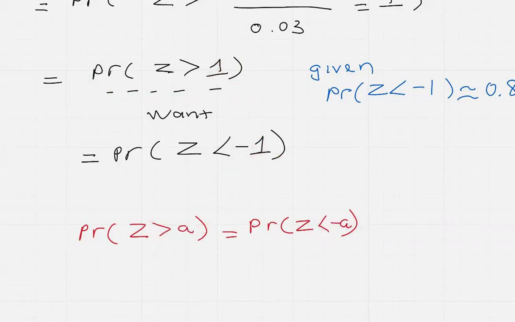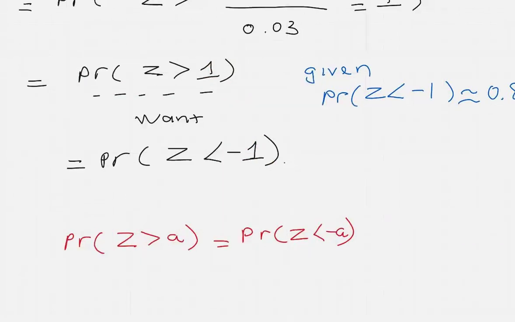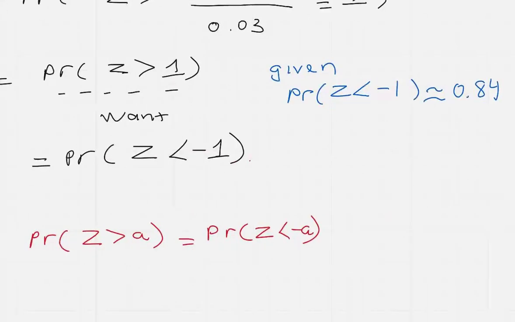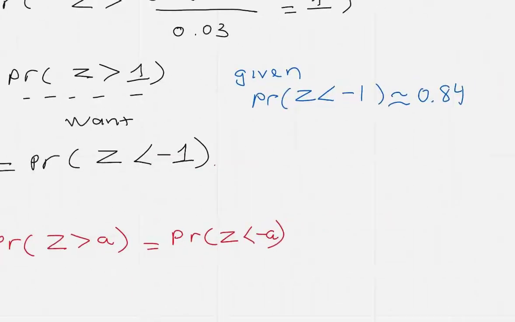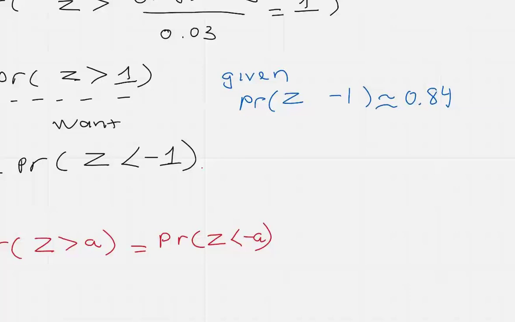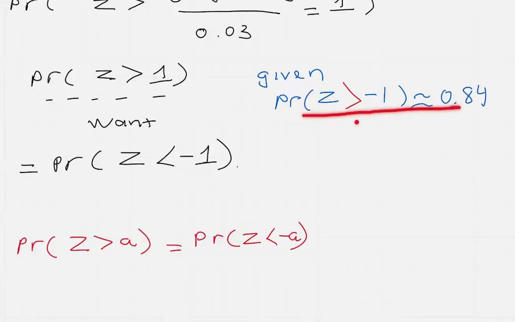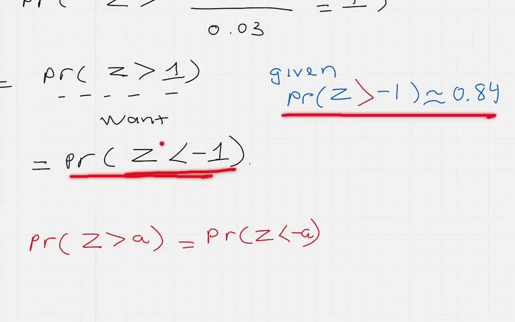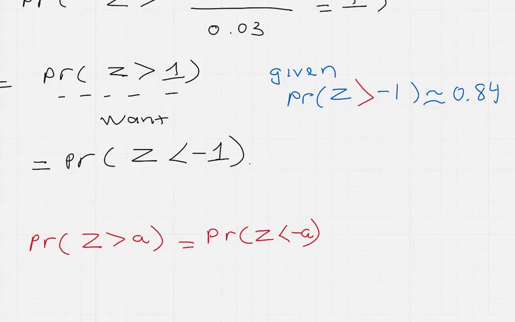Now, what is the answer? I'm sorry, the information given was Z more than -1 is 0.84. So we are one step away. This is what we want: the probability that Z is less than -1. And this is what we are given. So what is the connection between them? Yes, we can use the complementary.